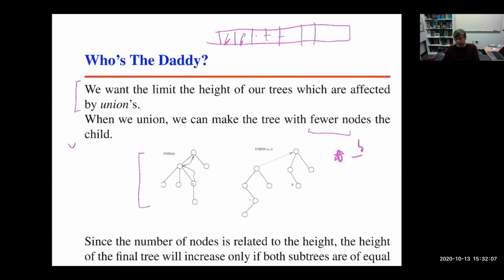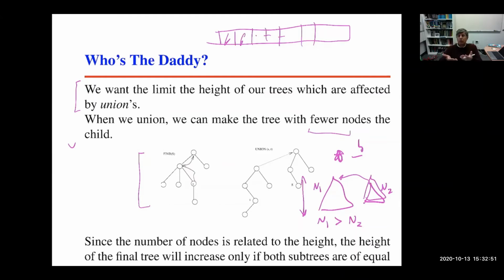Does everybody see that if I have a tree with n1 nodes and a tree with n2 nodes, where n1 is greater than n2, what am I going to do? I'm going to link this to this. Is that going to increase the height of this if this was the taller tree? Under what condition will I increase the height of the tree? What if they both had the same number of nodes? Does everybody kind of see that?